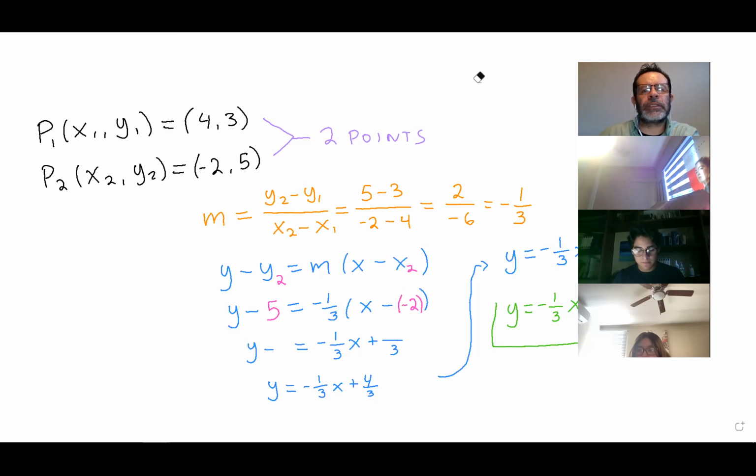And that's going to give us y minus 5 here. Minus 2 is going to be positive, multiplied by the 1/3 here. This is going to be 2/3. And the minus 5 that we had on this side is now going to be over here adding. Oh, I'm sorry, I made a mistake in the signs there.